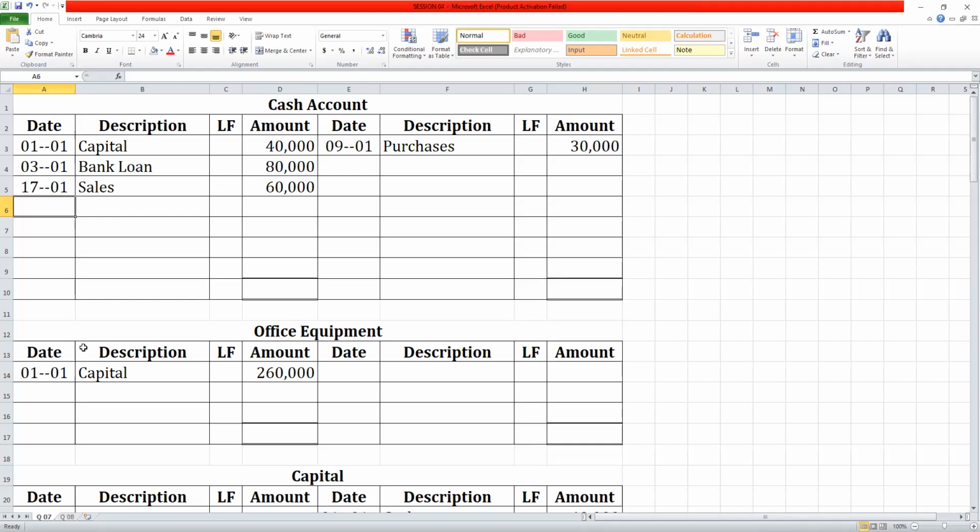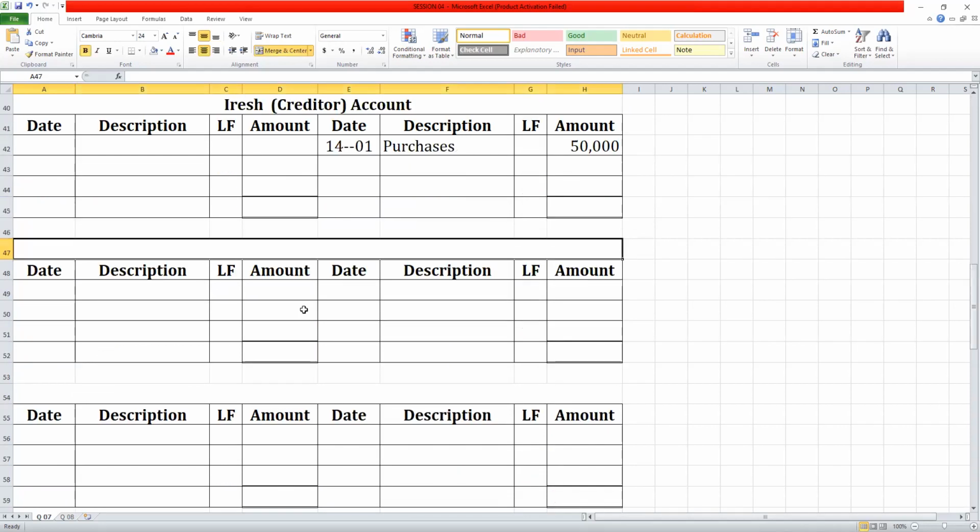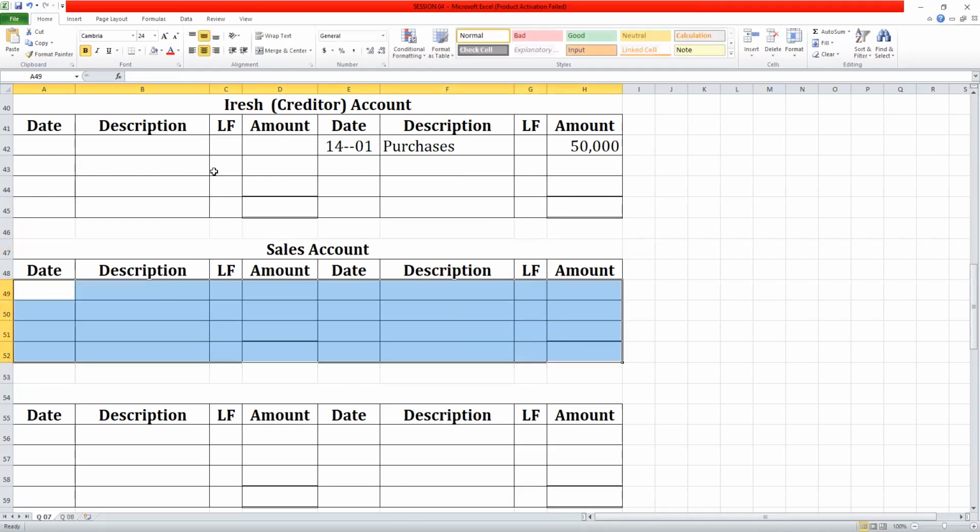At the same time, open a new account for sales. What is the category of sales account? Tell me quickly, son, what kind of account is sales? If you have studied, children should answer me quickly. Exactly. Janidu, very good.